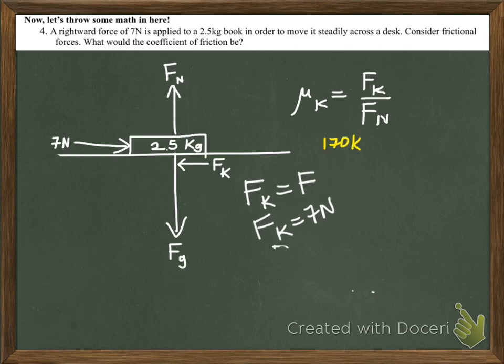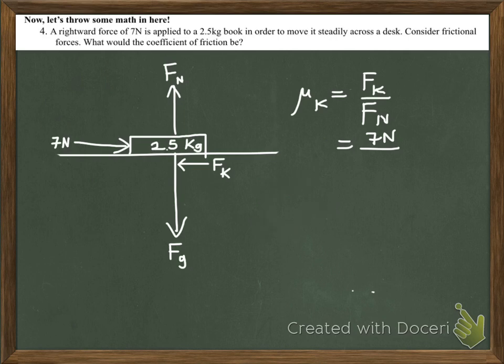Let me move this over and erase this. Now we know what the top part is. We know that the kinetic force is going to be 7 newtons. Now the question is, what is the normal force? Let me go ahead and erase this to clear out some space.